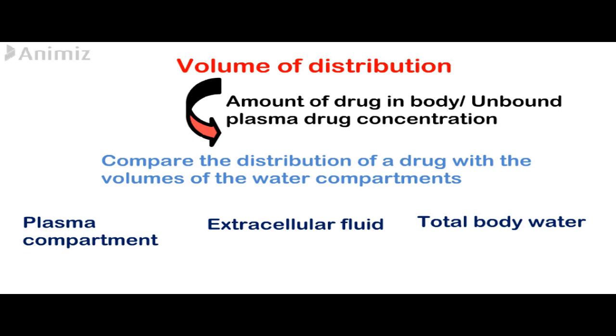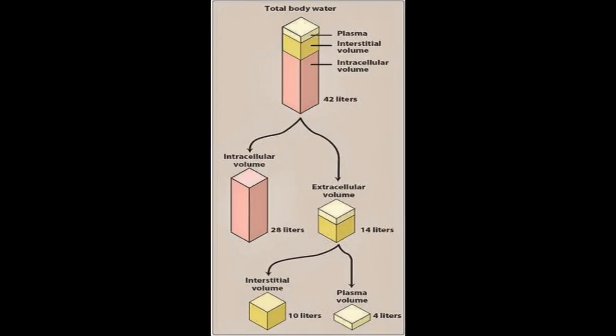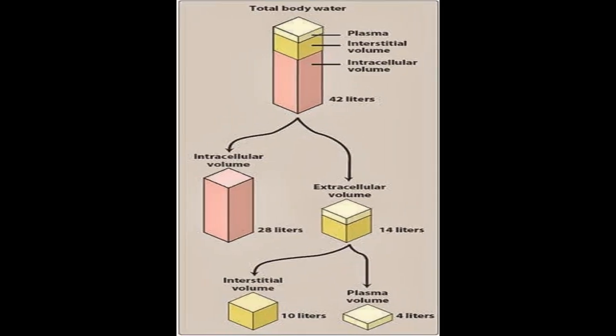While if a drug has a low molecular weight but it is hydrophilic, it will remain in the extracellular fluid. Lastly, if the drug has a very large molecular weight or it binds extensively to plasma proteins, it will only be distributed to the plasma. And here is an image that is showing all of these different parts.